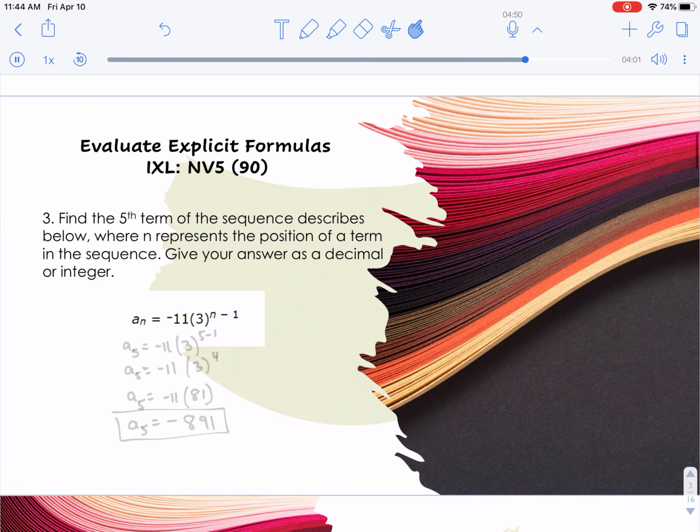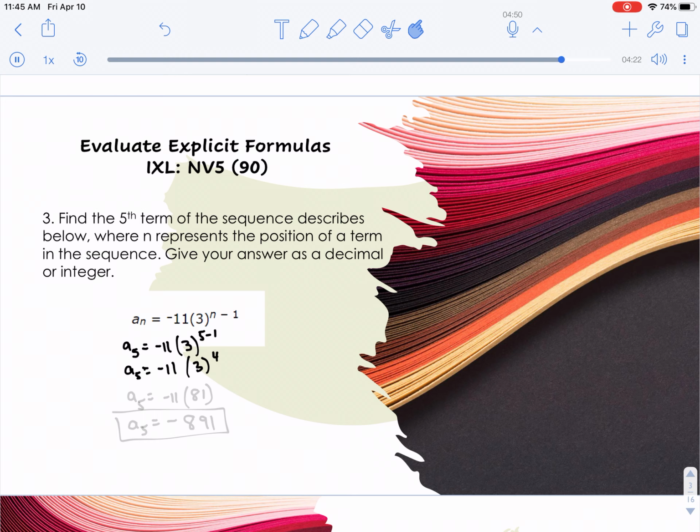And number 3, find the fifth term. So a sub 5 is a negative 11 times 3 to the 5 minus 1 power. And so a sub 5 is a negative 11 times 3 to the fourth power.